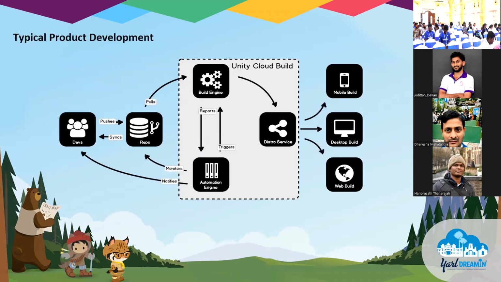So as we all know, in typical product development, the source code will be stored or maintained in a repository, and a build tool can be used to transform the source code into a product. Then the product will be distributed to the customer. But Salesforce itself is a product that the business can purchase and run their operation.